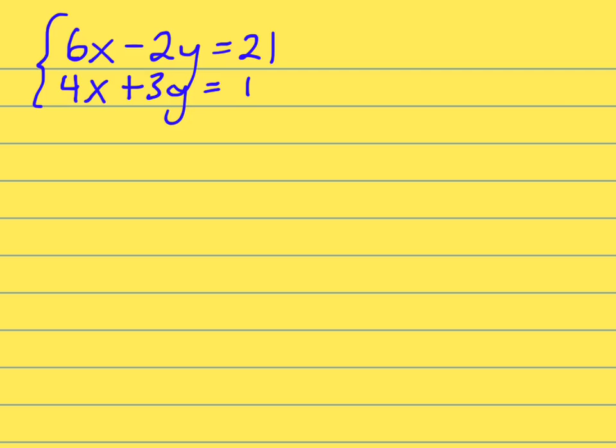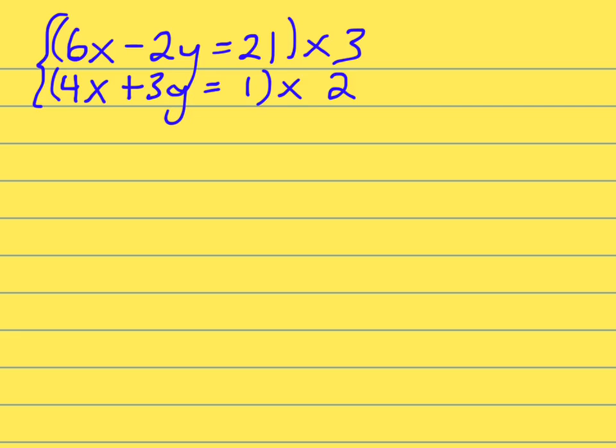In order to get these to be opposite, I look at 2 and 3, and the common multiple of 2 and 3 is 6. So the easiest thing to do is multiply the top equation by 3, and then multiply the bottom equation by 2. Then this will be negative 6y and this will be positive 6y.